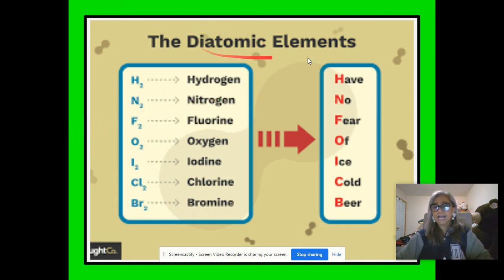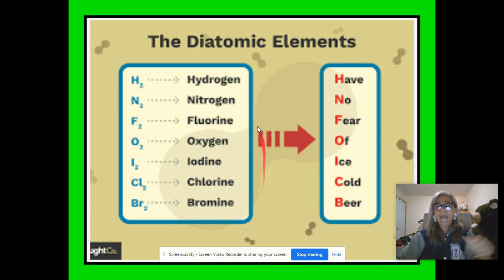Now, here we have what we call diatomic elements because most of the time when you get to see the equation to be balanced, we have there hydrogen, nitrogen, fluorine, oxygen, iodine, chlorine, bromine. They're not simply written as H, N, F, O, I, C, or B. It's always with a two because these are all diatomic elements.